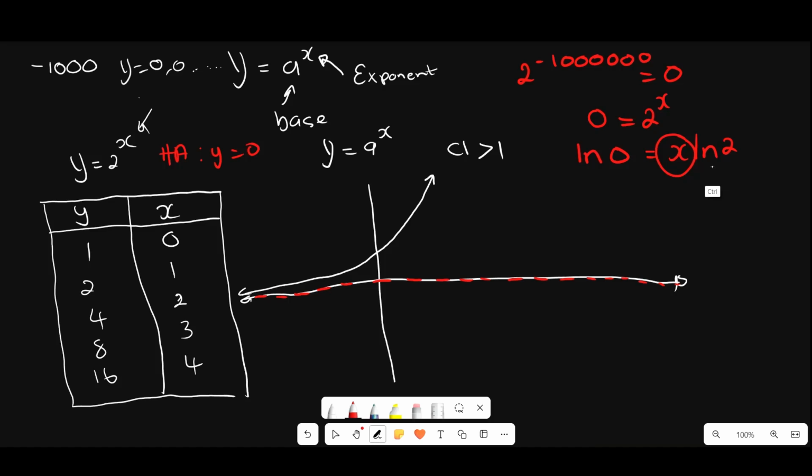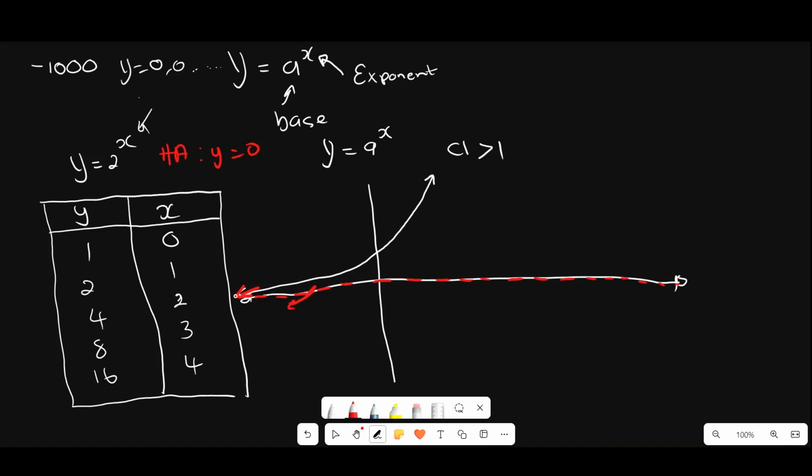Meaning y equal to 0 does not exist, and hence that will be my asymptote. An asymptote basically means a value that a graph approaches but cannot reach. You can see that this function goes on and on till negative infinity, but it does not cross over this line here.